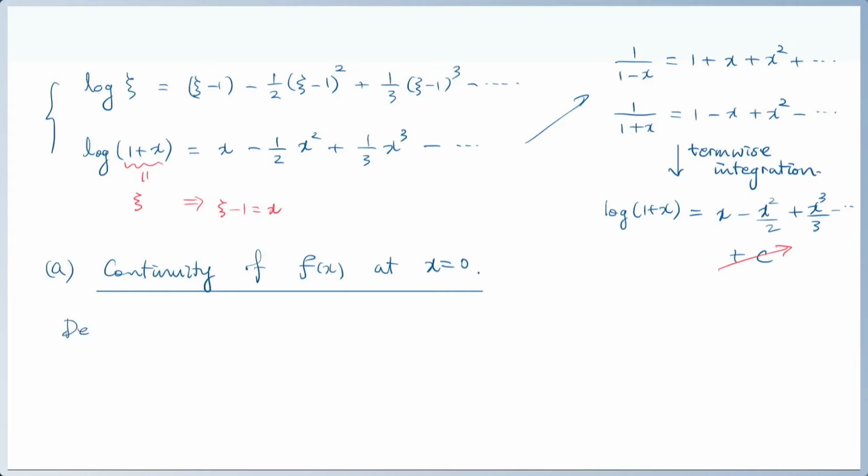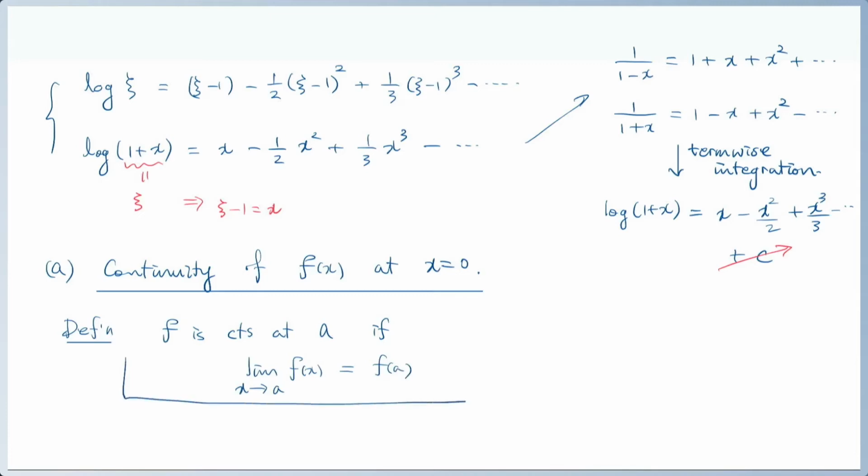Recall the definition of continuity. The definition says that f is continuous at a if and only if the limit as x approaches a of f of x is equal to f of a. That's what it means for a function to be continuous at a point.